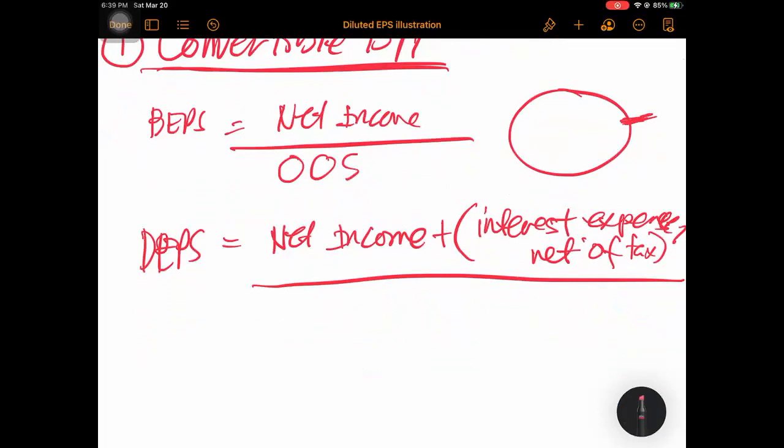So this is the beginning balance of outstanding ordinary shares plus the potential ordinary shares.